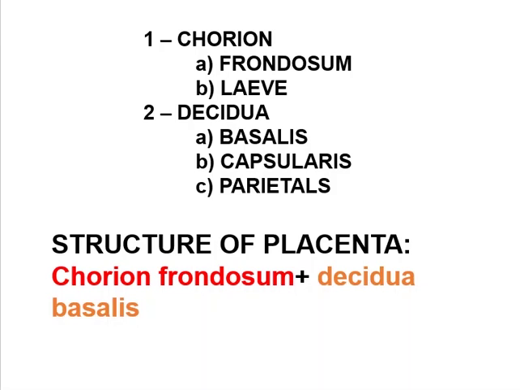The placenta is composed of two parts, maternal side and fetal side. Fetal side, chorion frondosum, and maternal side, decidua basalis. Together, they form the placenta.